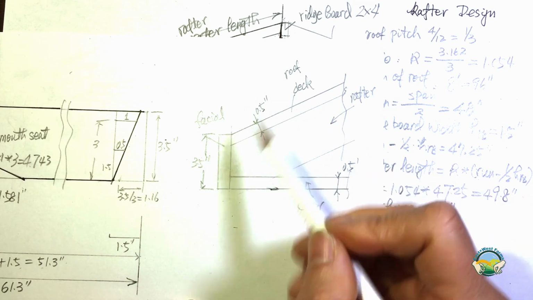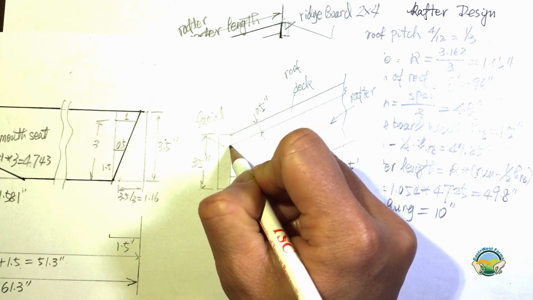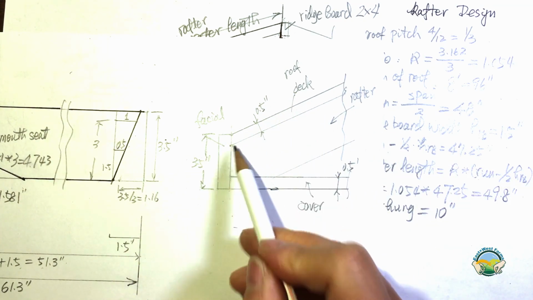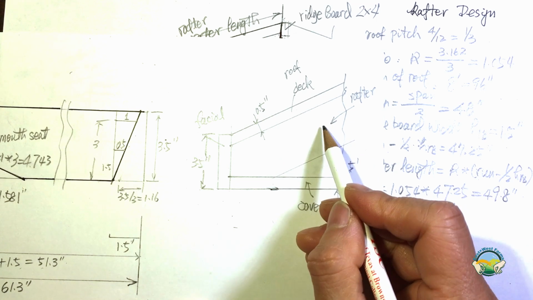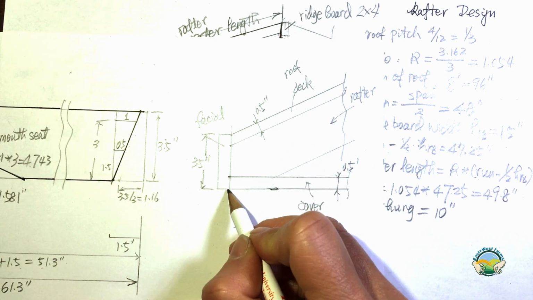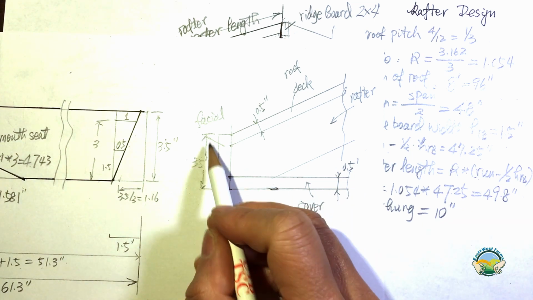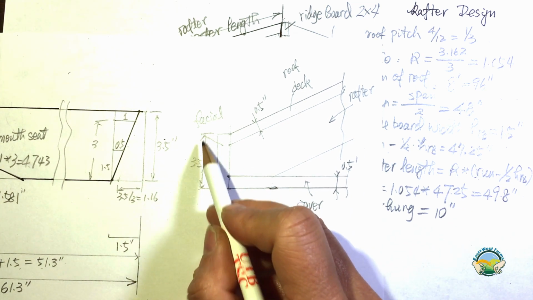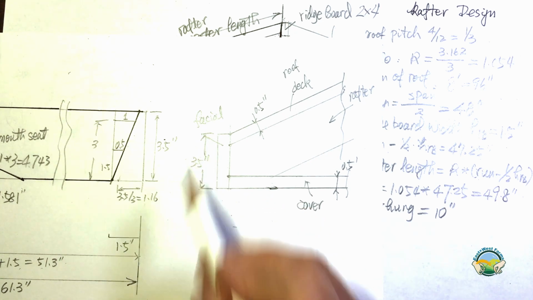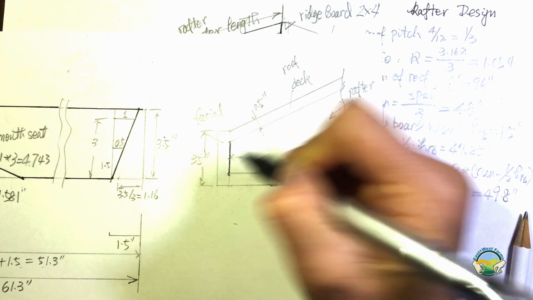If you look over here, that dimension from here to there, the roof deck plus the tail height of the rafter plus the thickness of the cover, is going to equal the fascia board width, which is 3.5. So I draw that line.